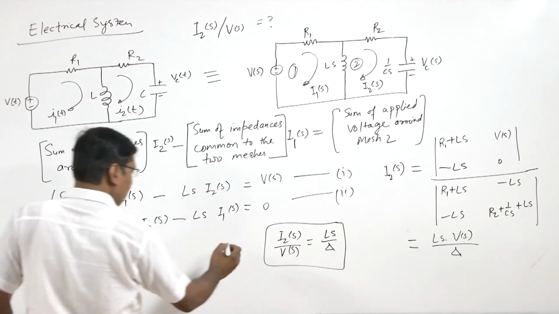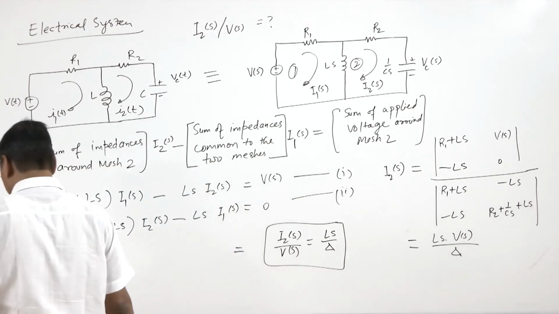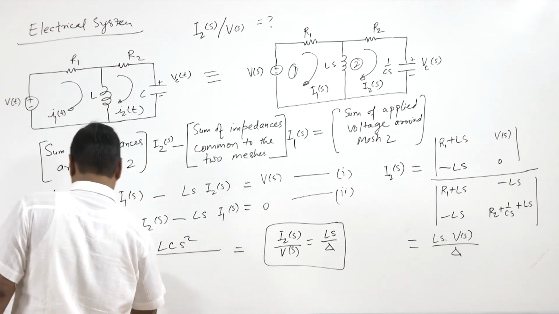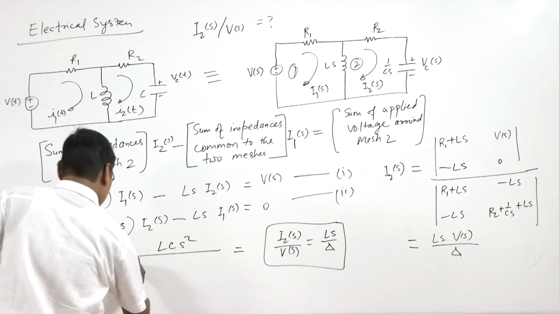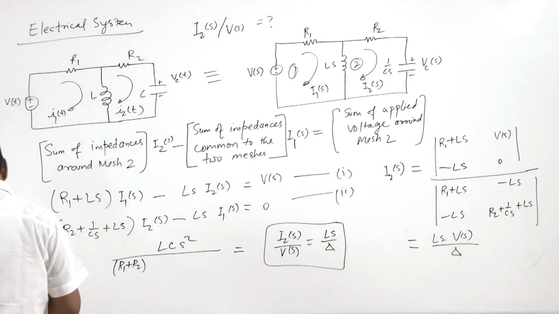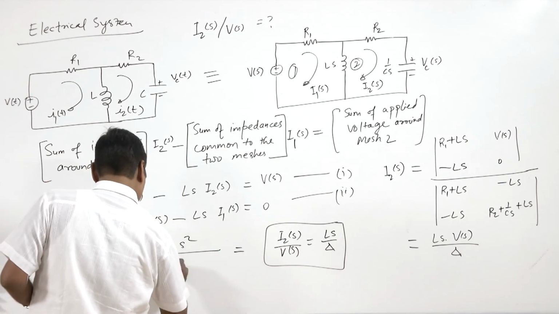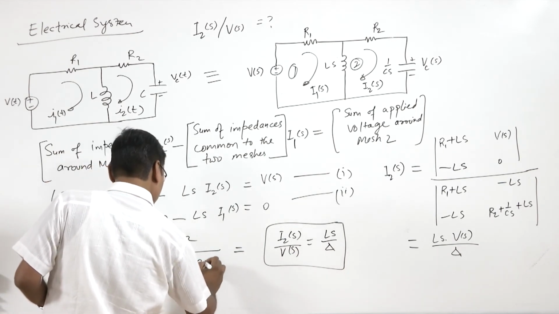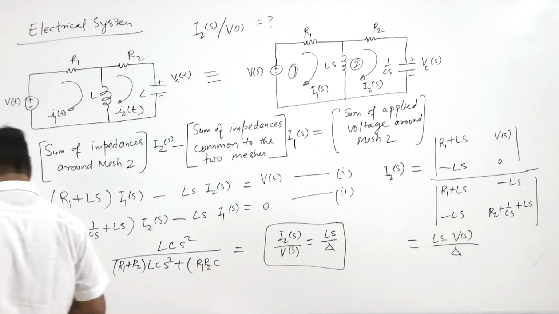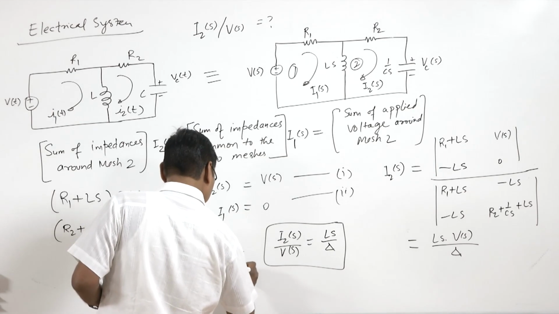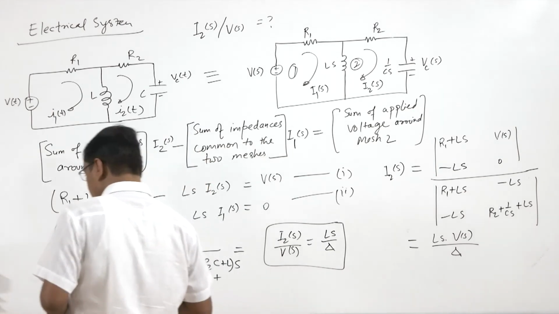When we solve this, we will find LCs squared upon (R1 plus R2) LCs squared plus (R1 R2 C plus L) s plus R1.